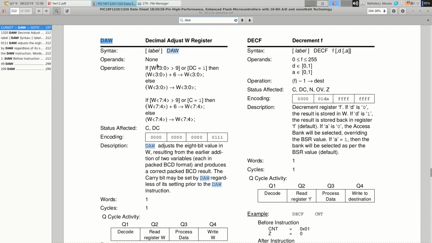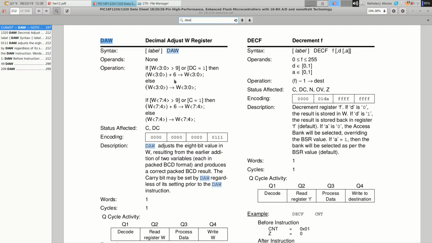Basically it says look at the 4 least significant bits. If it's bigger than 9, go ahead and add 6. Or if there's a carry bit set, go ahead and add 6 to W. That's exactly what this instruction is for if you're doing binary coded decimal arithmetic.